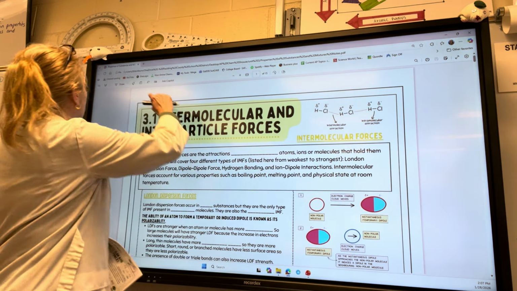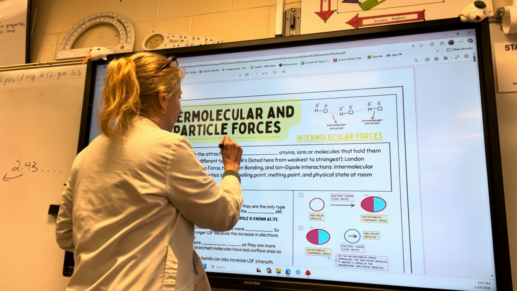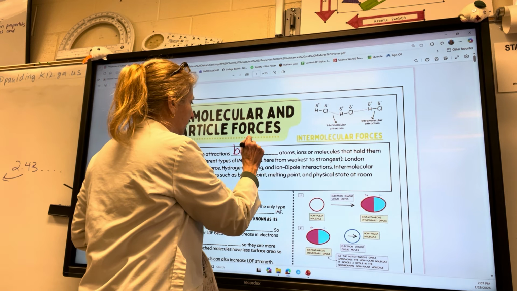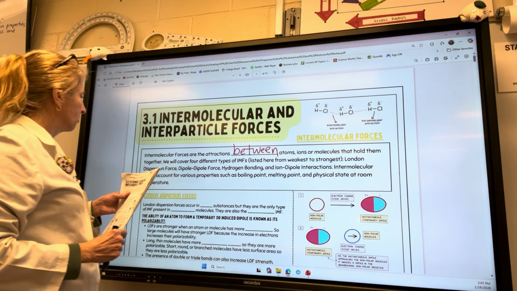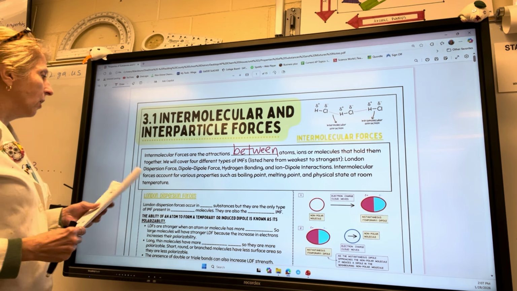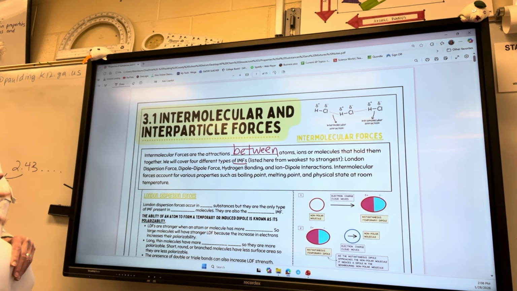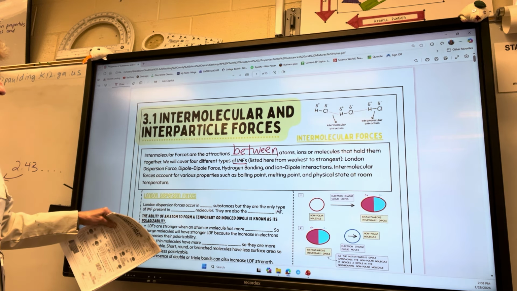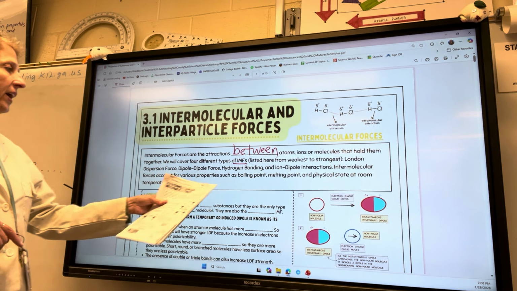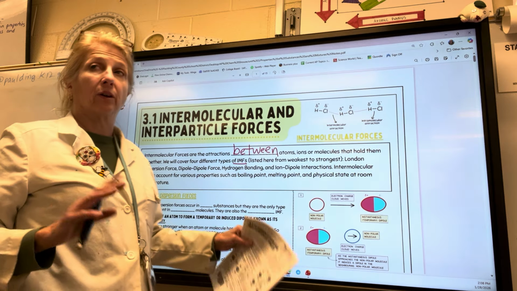All right, intermolecular forces are the forces between the molecules, the atoms, ions, or molecules that hold them together. They're abbreviated IMF, intermolecular force for the cool kids, and there are different kinds that we're going to talk about here, okay? And they affect the physical properties like boiling point and melting point, and we're going to talk about that later in the notes.